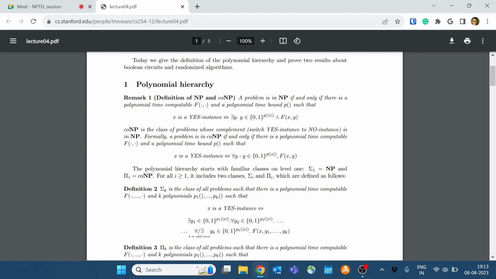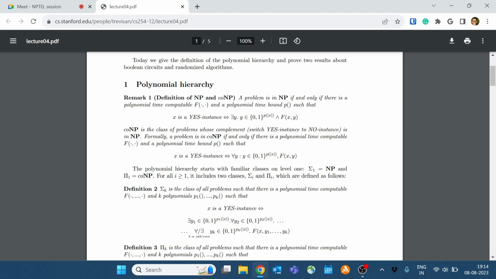X is a yes instance if and only if for... Now, how am I supposed to interpret this comma? Is it "and"? For all y, this comma f of x, y. Okay, so I think what is written is this.